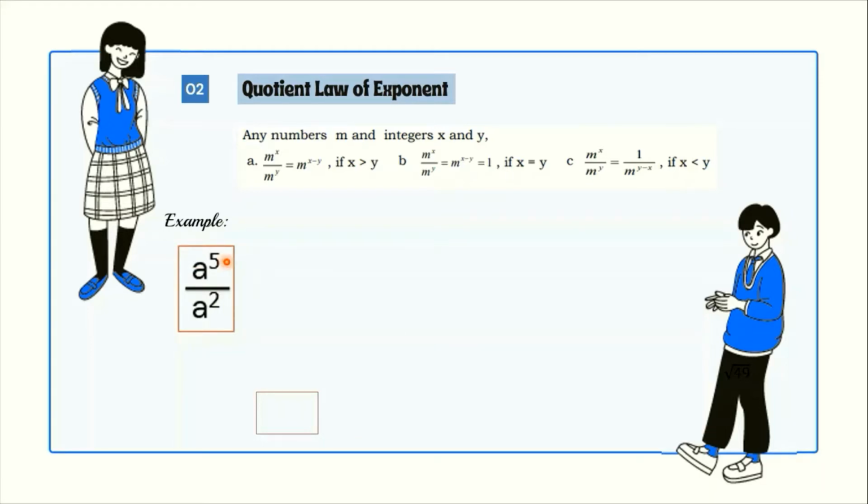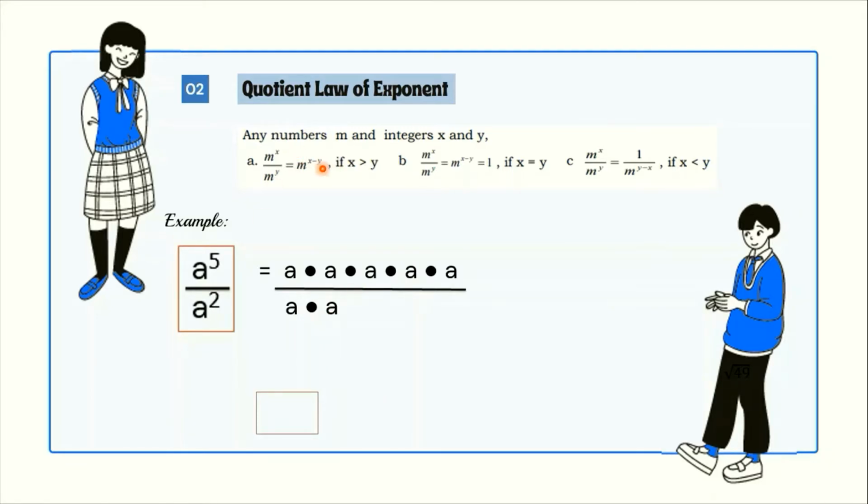Halimbawa, a raised to 5 divided by a raised to the power of 2, or simply a squared. Ito ang expanded form ng a raised to the power of 5. A raised to the power of 2 naman ay ito yung kanyang expanded form.